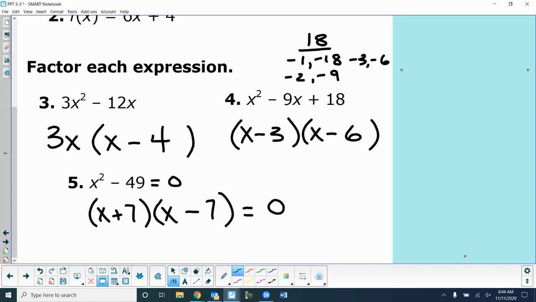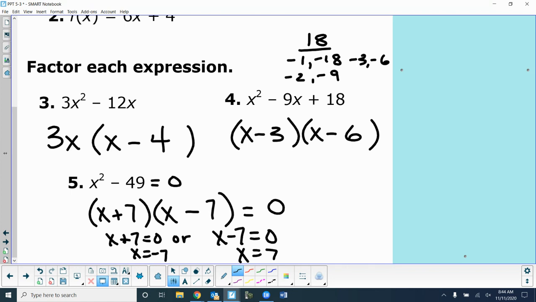So I turned it into, I think it was one of your problems early, x plus 7 equals 0 or x minus 7 equals 0. So x will be negative 7 here if you subtract 7 from both sides, and x will be 7 here if you add 7 to both sides. And if I go back up, negative 7 times negative 7 is 49, and 49 minus 49 is 0, right?